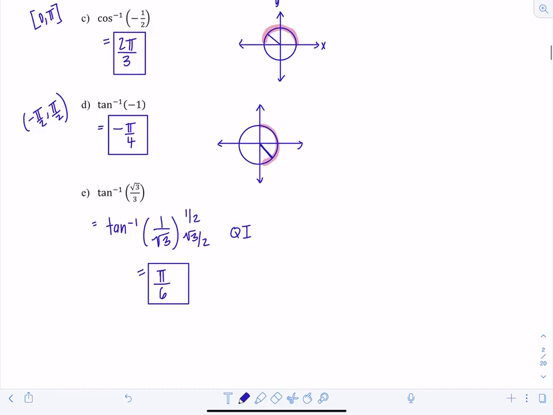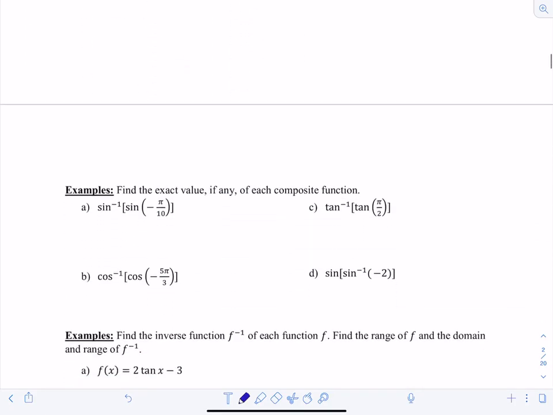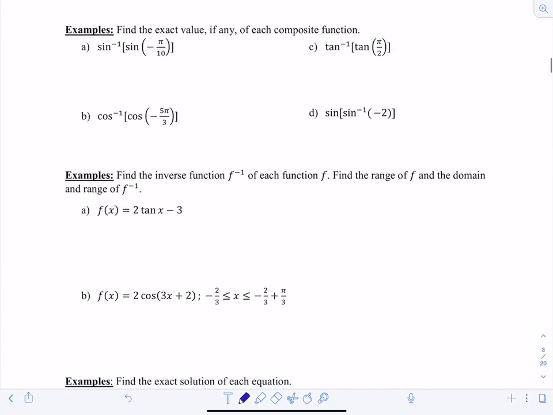Okay, let's move on to some more examples now. Find the exact value, if any, of each composite function. So what you want to do for these, always start with the inside composition and work your way out. So start on the inside and then work your way out.